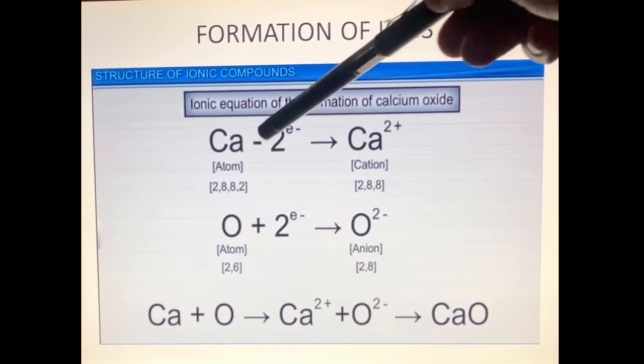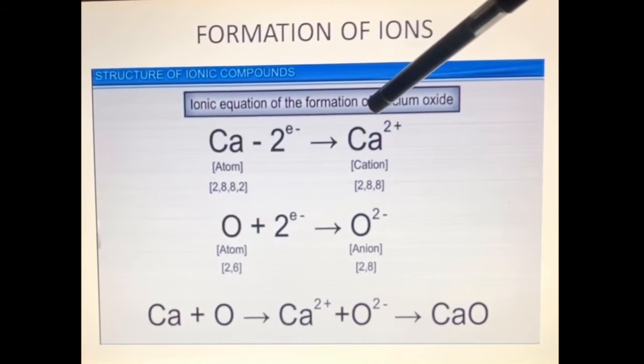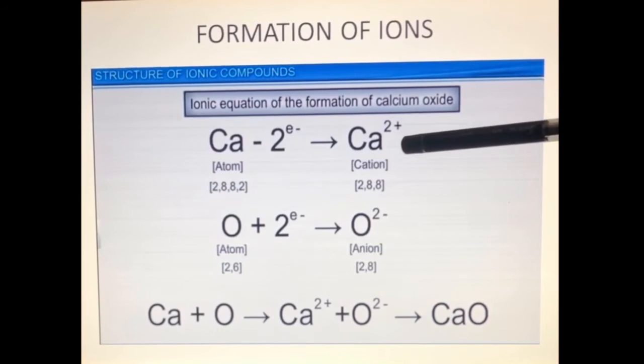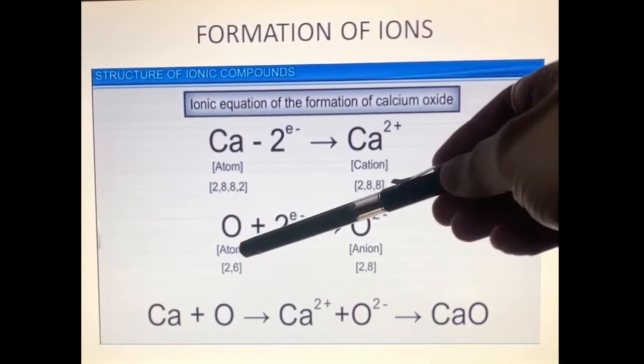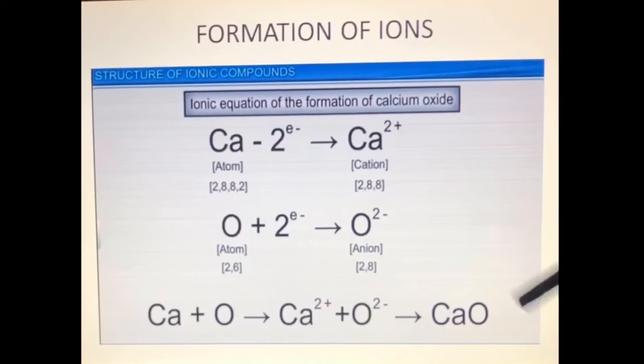So calcium has the tendency to transfer or donate 2 electrons due to electrovalency 2 and becomes Ca2+ positively charged, and oxygen has the tendency to accept 2 electrons to become anion O2-, oxygen anion.